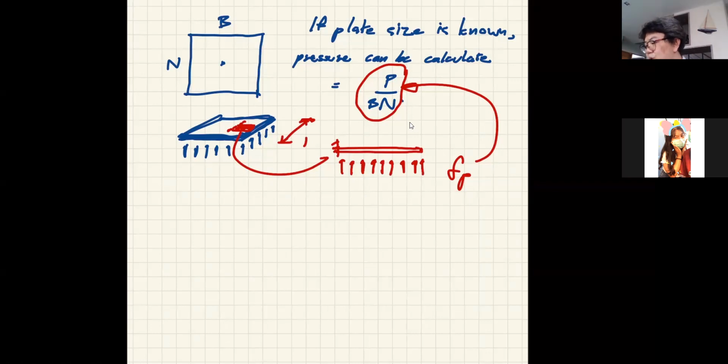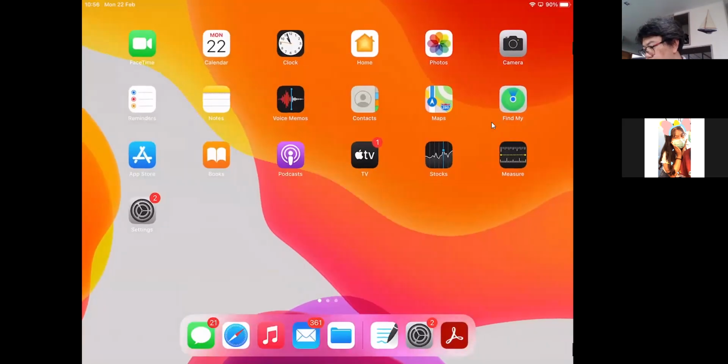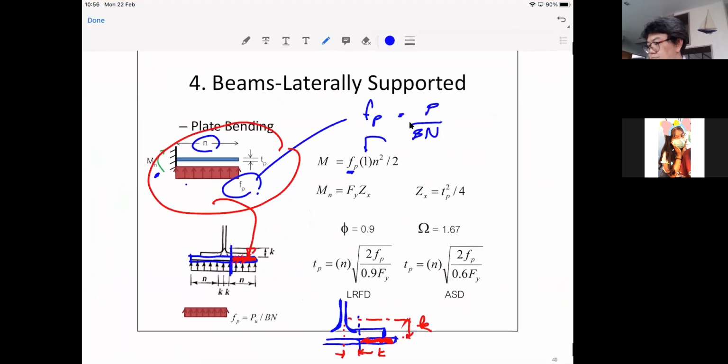Okay, so now you have this moment, which is your requirement. That's WL squared over 2. And your capacity is the plastic moment, or Fy multiplied by the plastic section modulus of your plate.